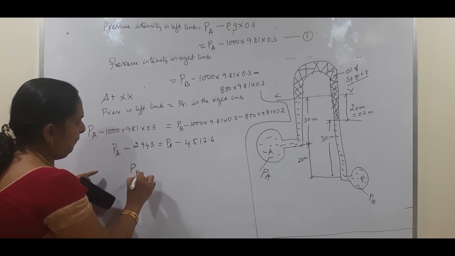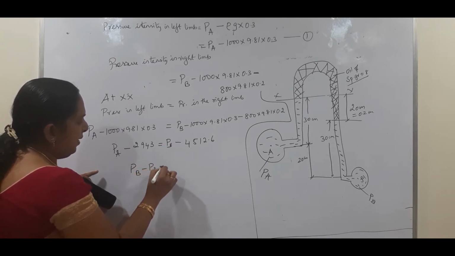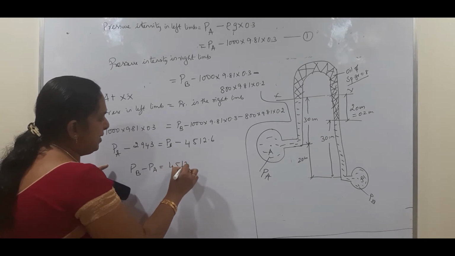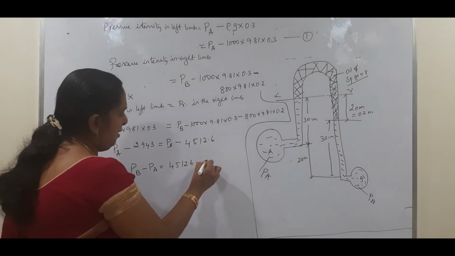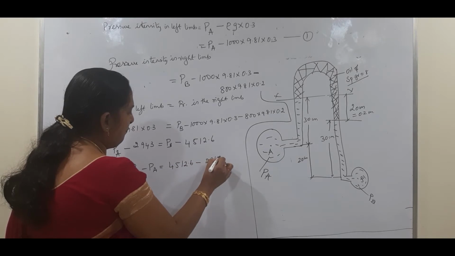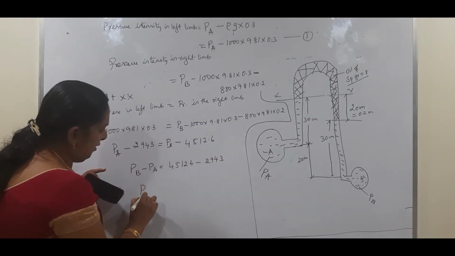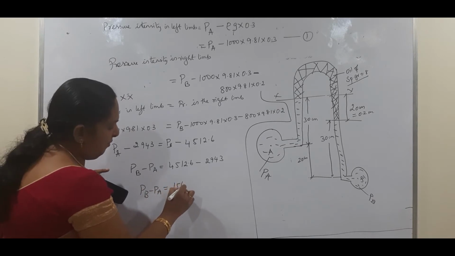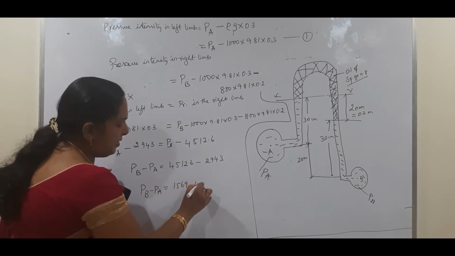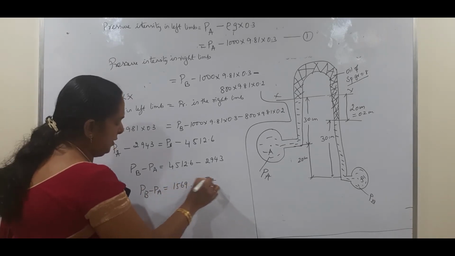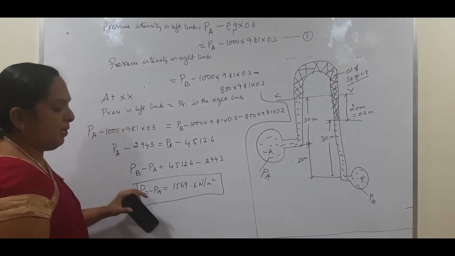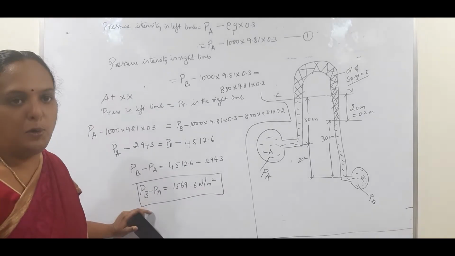PB minus PA is equal to 4512.6 minus 2943. So what is the value of PB minus PA? This is 1569.6 Newton per meter square. Clear guys? So here we have found out the pressure difference between the two pipes.